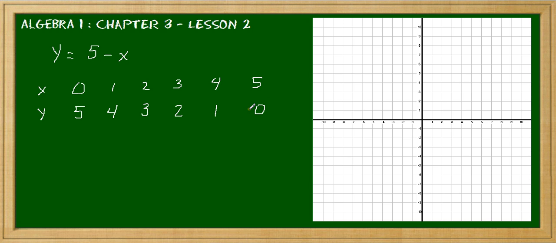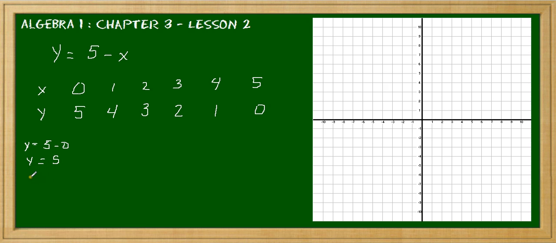Now, if you're told to show your work, and you will be asked further on, particularly when you move into higher levels of math, this is something very simple. But if you're told to show your work, you should show, I'll just write it over here, y is equal to 5 minus 0, and so y is equal to 5.